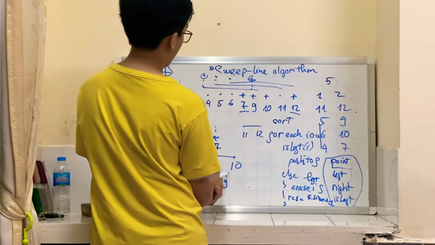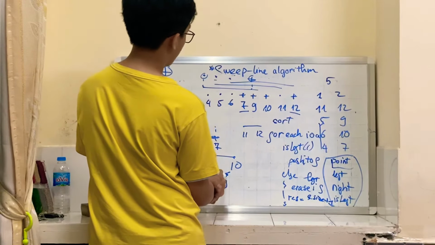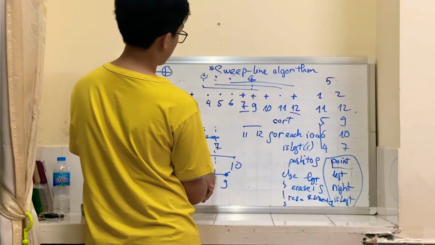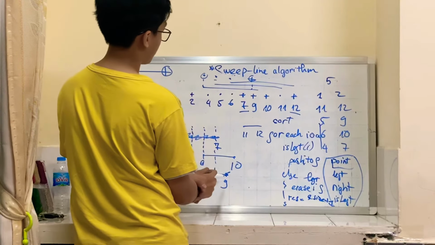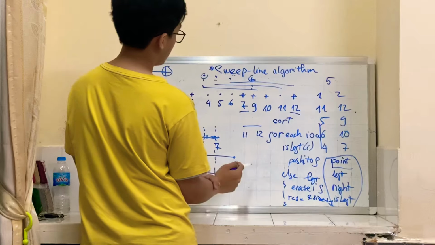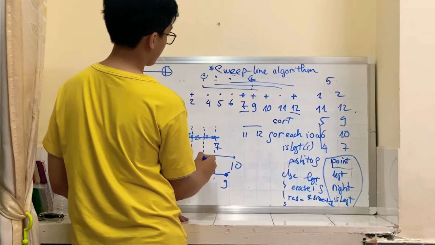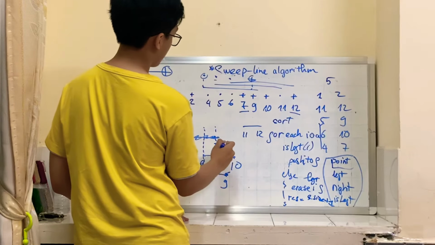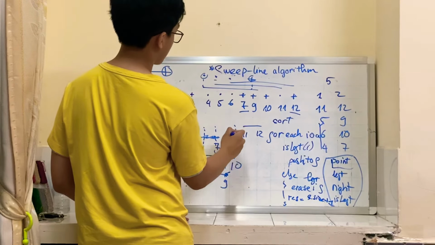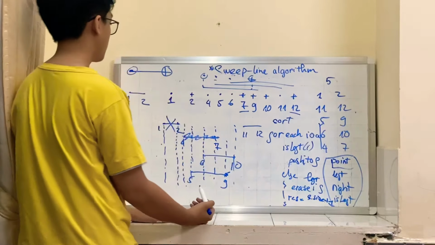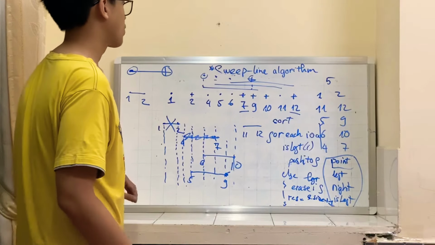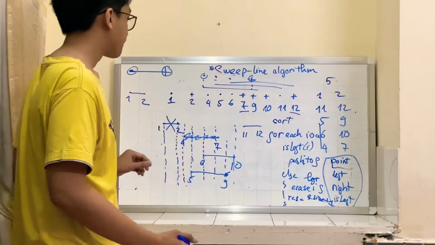So we take 9 here, because 6 is between 5 and 9, so the intersection will be 2. And the last one is 1, 6 and 10. That's this sweep line algorithm.